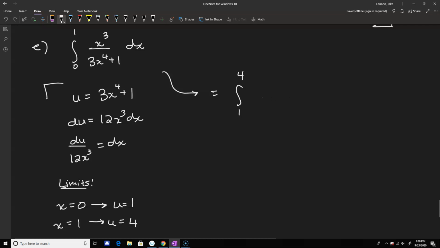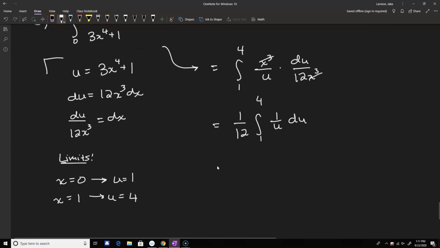The x to the third on top we'll leave alone. The bottom of the fraction becomes u, and then dx is replaced by that du over 12x cubed. So our x cubes cancel. So I can bring the 1/12 in front, and I have the integral from 1 to 4 of 1 over u du. So as we know, that is going to be the natural log of the absolute value of u.